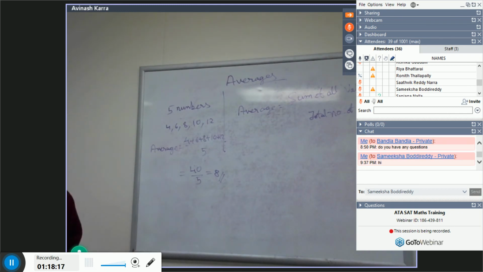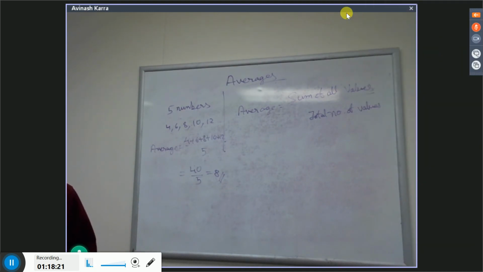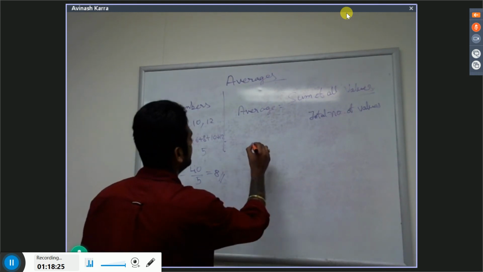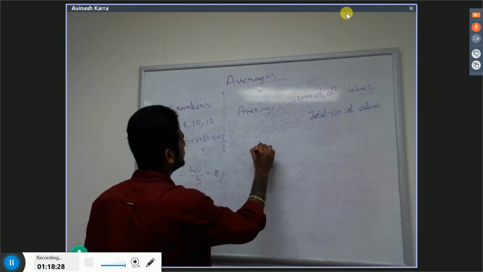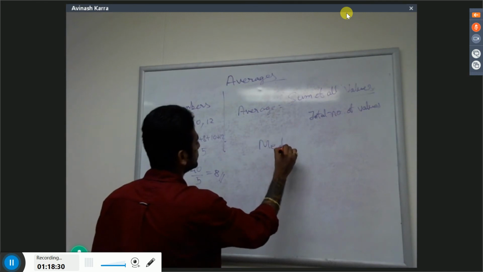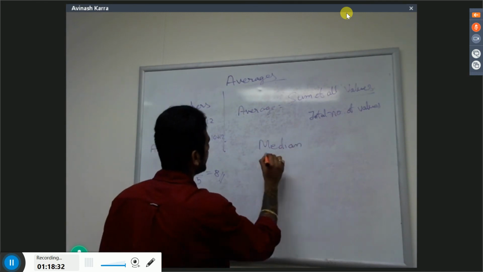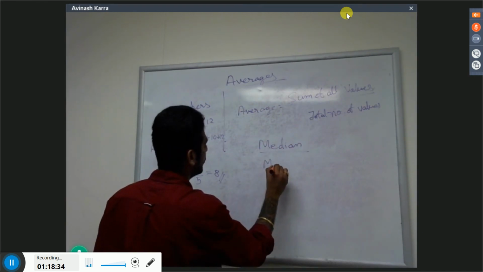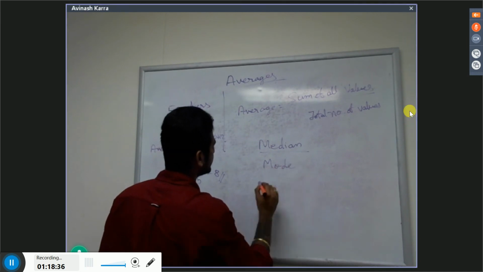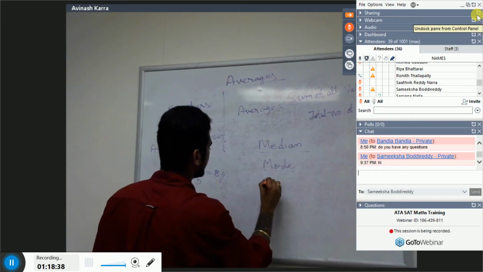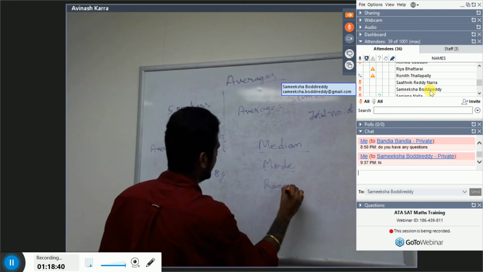Okay. And in averages, there are 2 more things you need to remember. I will give you a small description about what is median, what is mode, what is range.